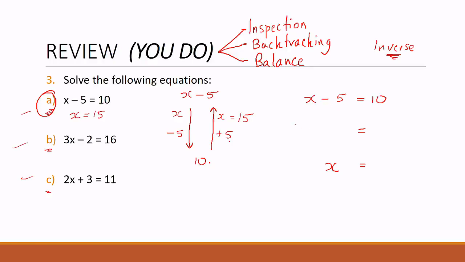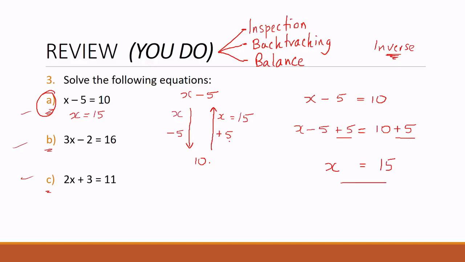So to get rid of a take away 5, we do the opposite of taking away 5, which is to plus 5. And remember, with the balance method, what we do to one side, we need to do to the other side. So if I plus 5 on the left, I need to plus 5 on the right. 10 plus 5 again equals 15, and so I think the answer is going to be 15 for the first one. If you used one of those 3 methods and you got 15 for the first one, excellent, well done.